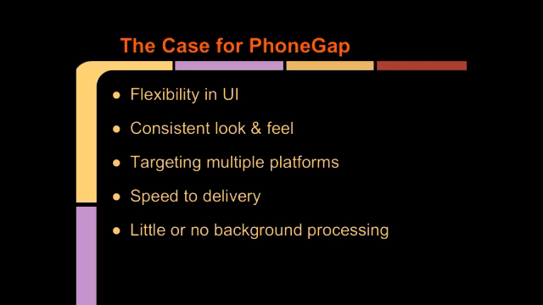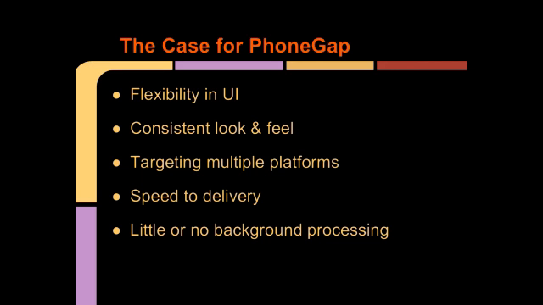You are targeting multiple platforms. If you're really targeting just one and it's not in a prototype situation, you might actually just want to use the native development tool, whether it's Xcode, Visual Studio, or something like that. You'll probably get a lot cleaner result and maybe a more expected result from people who are used to seeing that kind of app. Speed to delivery is a really good component here.